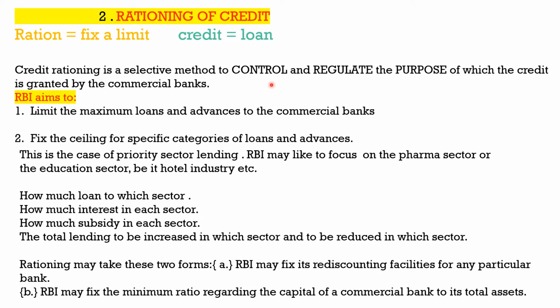So, this is rationing of credit which is exercised by these banks. Now, RBI aims to limit the maximum loans and advances to the commercial banks. The limit is fixed by the RBI as to how much loan a commercial bank can grant. It can't be blindfold that whosoever is coming can take the loans.